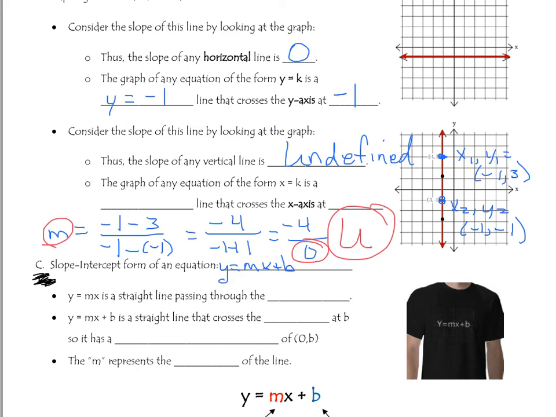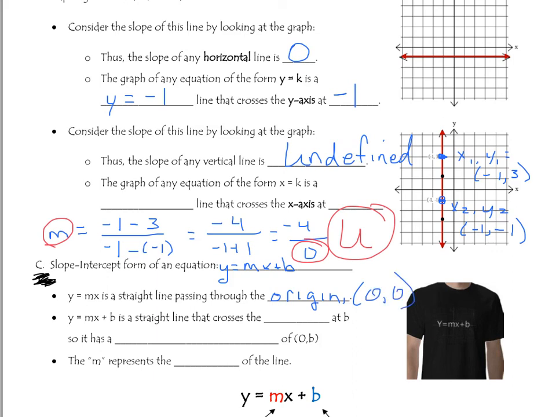So, a couple of points to notice are that y equals mx is a straight line that passes through the origin. The origin is where the x and y axes meet and intersect. So we'll call that the origin, which is the point (0, 0).